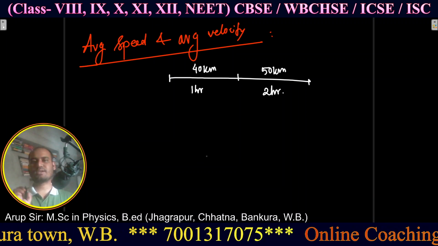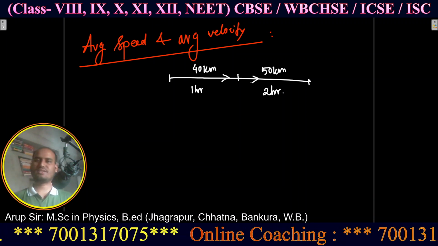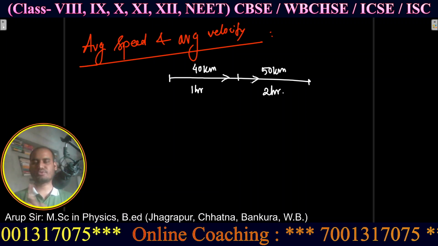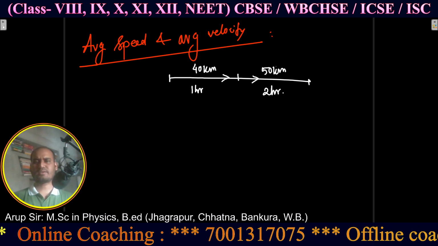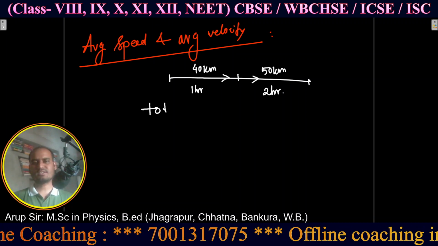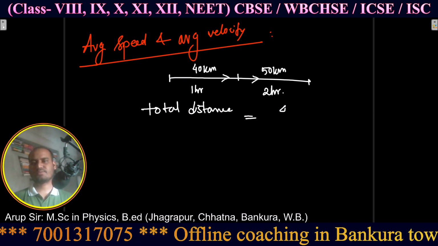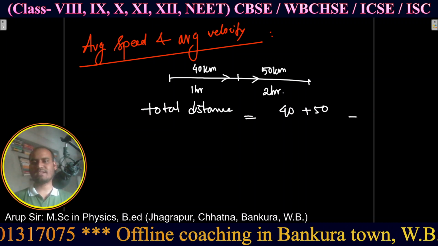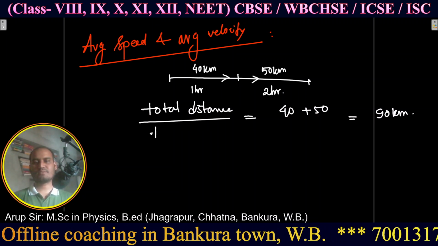So how can you find the average speed? For average speed, let's consider that the motion is uniform and one-directional. Now 40 and 50, this is the total distance. How much is the total distance? That is 40 plus 50, which means 90 kilometers.